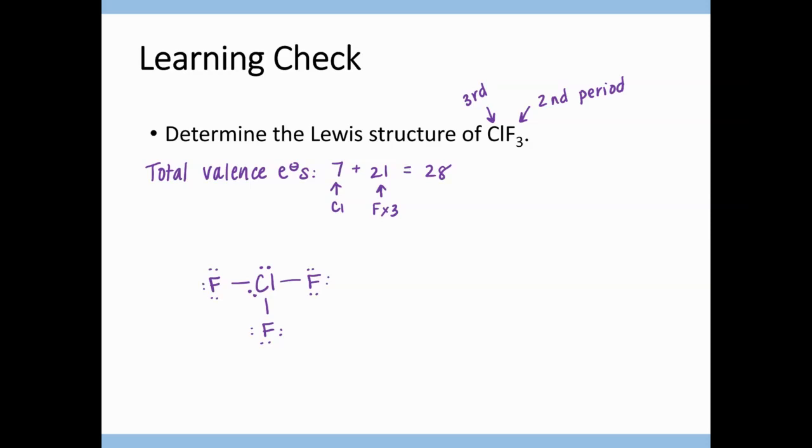So here's an example of chlorine whose valence shell right now has 10 electrons. This is called hypervalent, because it has more than 8 electrons in its valence shell.